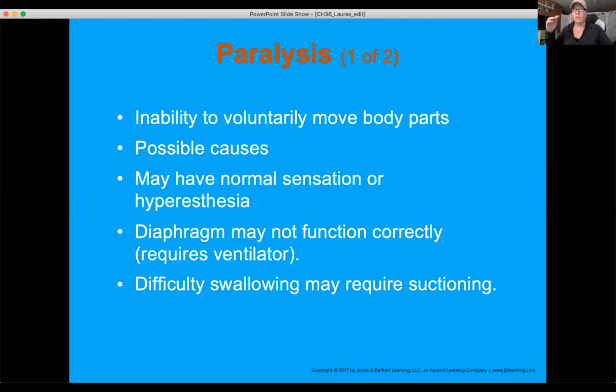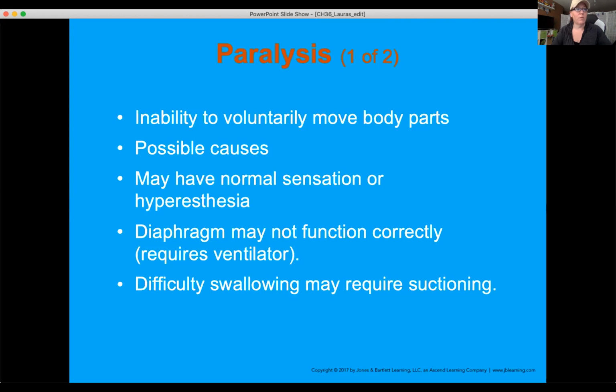So we tend to see dysfunction below the level of wherever that spinal column is, and whatever the plexus and nerves that reach out from the spinal column at the level of the damage. We'll see disability below that level. So some patients who have paralysis are unable to swallow on their own, depending on where that level of damage occurred. They might be on a ventilator at home, unable to move their extremities, or unable to move them a whole lot.